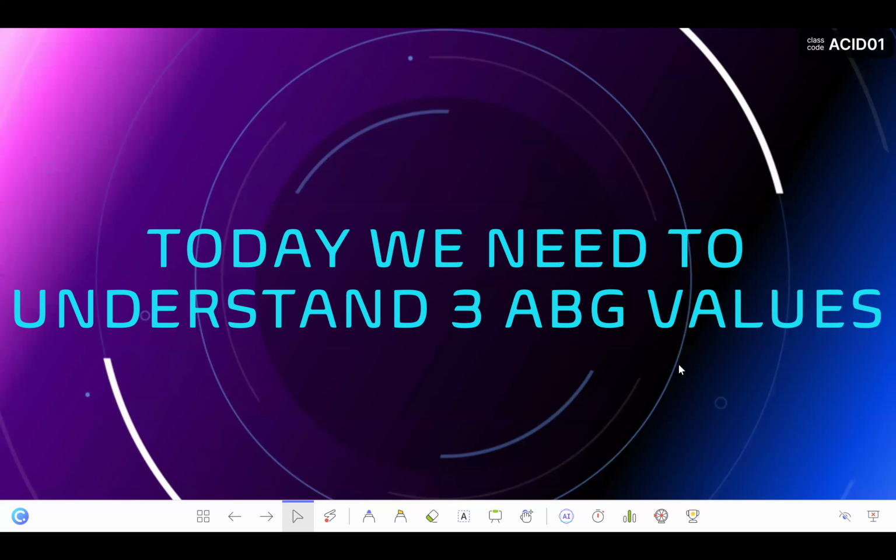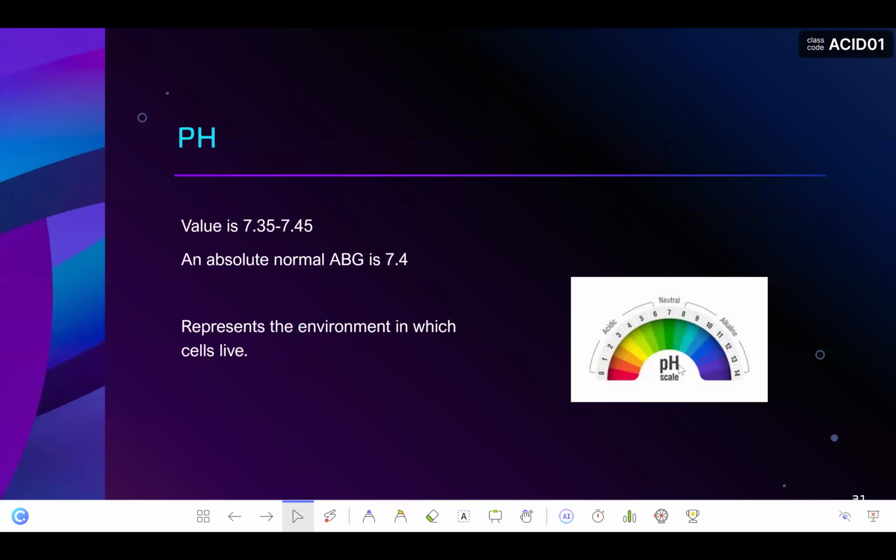In order for us to understand an arterial blood gas, we need to understand three essential ABG values. The first is pH. You have to think about your body as a big, huge chemistry set, and inside of your body it has to stay in a certain environment that's comfortable for everything to function.